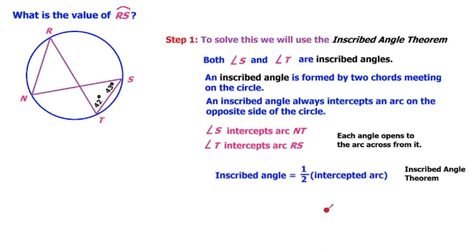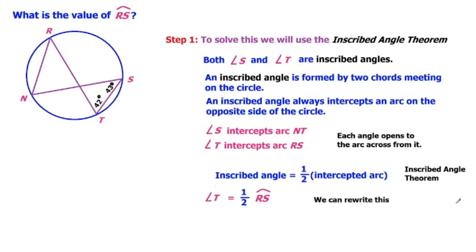So we can use the inscribed angle theorem, which says the inscribed angle equals 1/2 of the intercepted arc. So that means we want to try to find RS, and we know that angle T intercepts it. So we know angle T equals 1/2 of arc RS, the intercepted arc.